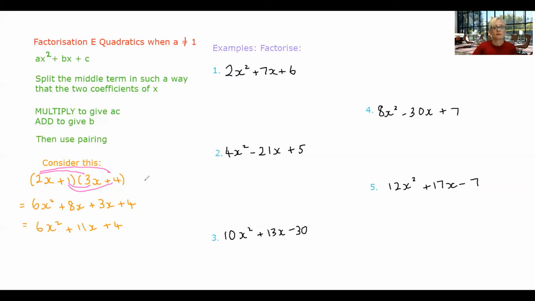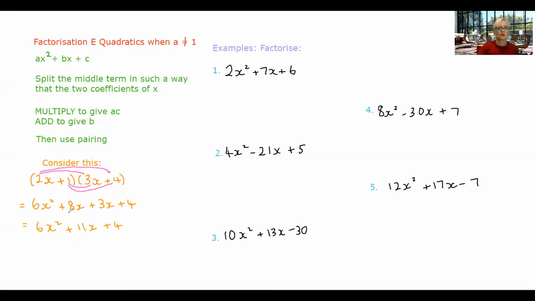Just going back in reverse yet again, because remember that factorisation is the opposite of expansion, so it helps to see how we expand. If we had these two brackets here and we were asked to expand, remember our FOIL would get our 2x times 3x, which is 6x squared, 2x times 4, and 1 times 3x.